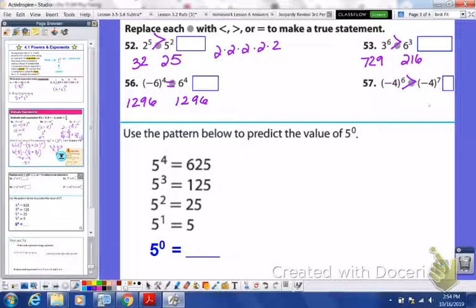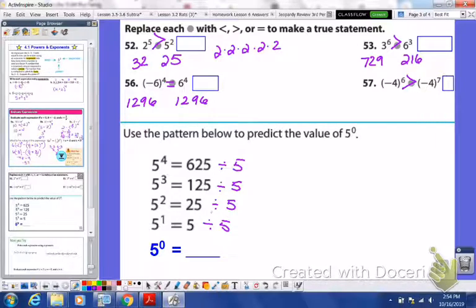Okay, now down here, we're going to use the pattern below to describe the value of 5 to the 0. If you notice, 5 to the 4th, 625, 5 to the 3rd is 125, 5 squared is 25, and 5 to the 1st is 5. Each time, to go from one to the next, we're taking 1 five away. So you could think of it as dividing by 5 each time. 625 divided by 5 is 125, divided by 5 is 25, divided by 5 is 5.